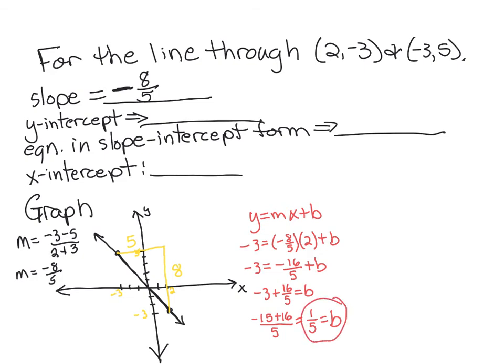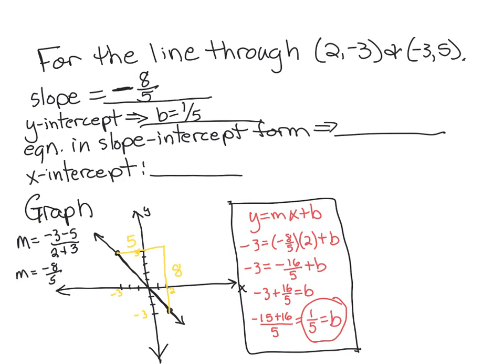So if you use the point slope form, you get the equation of the line. If you use the slope intercept form, you get the intercept. So you can do whichever thing that you want to do. b equals 1/5. That looks good on my graph, right?